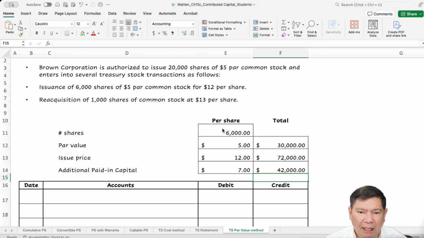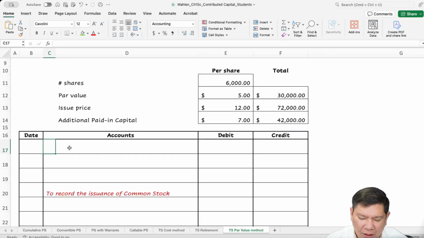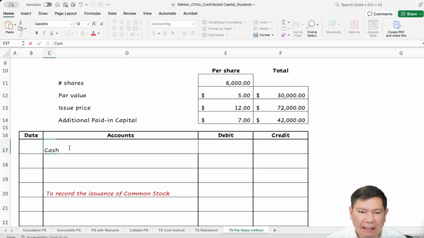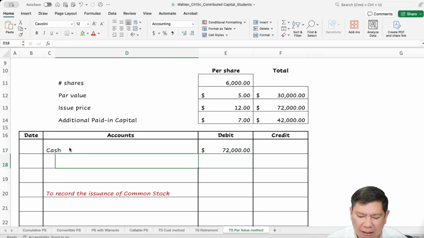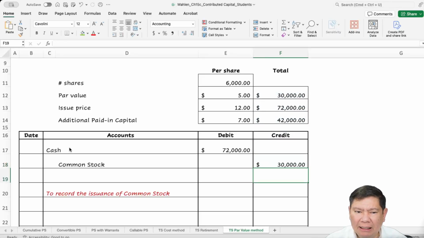So let's prepare the journal entry for issuance of the common stock. Cash is on debit for $72,000. Common stock is on credit for the par value, $30,000.